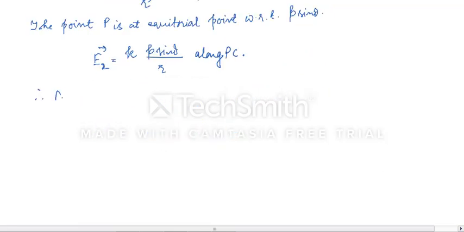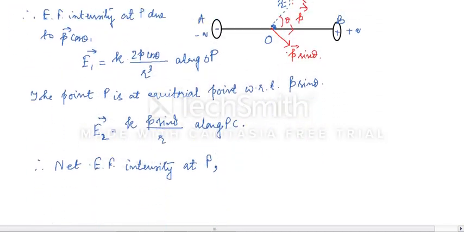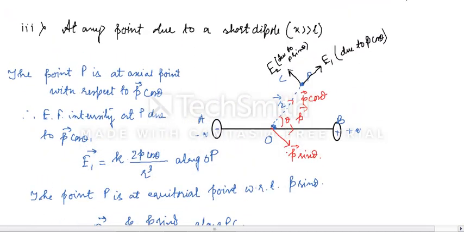Therefore, net electric field intensity at P. What is the net electric field intensity at P? This can be calculated by the parallelogram law of vector addition, and the direction will be like this because the angle between them is 90 degrees.